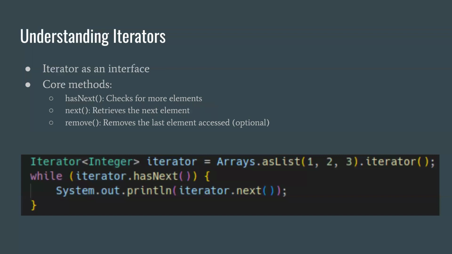And lastly, remove. Remove allows the removal of elements during iteration, though its use is optional and must be handled with care to avoid an exception called concurrent modification exception. And we have this example, which we will go over more in subsequent slides.